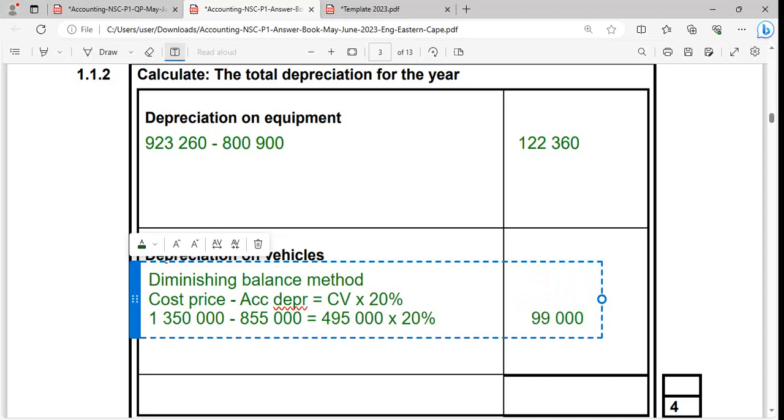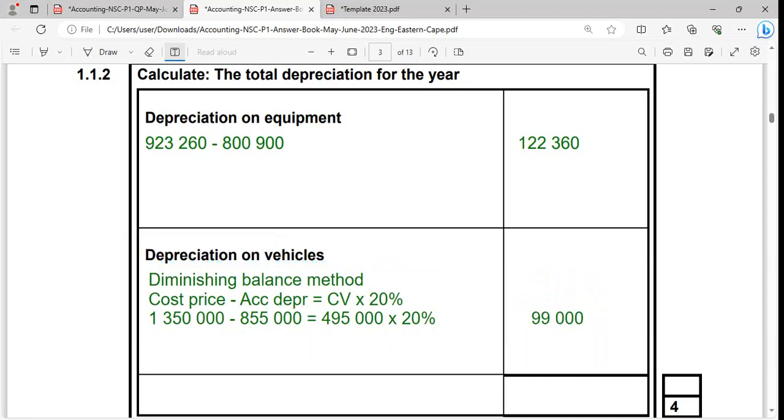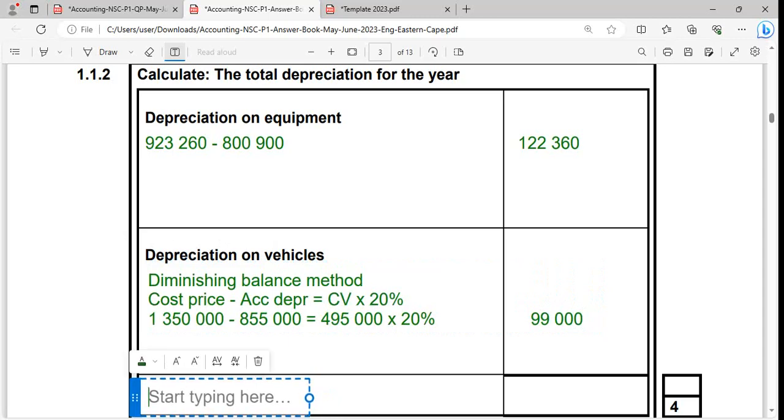99,000. Therefore, the total depreciation, mind you, we are required to calculate the total depreciation. So we're going to add the two balances, 122,360 and 99,000.